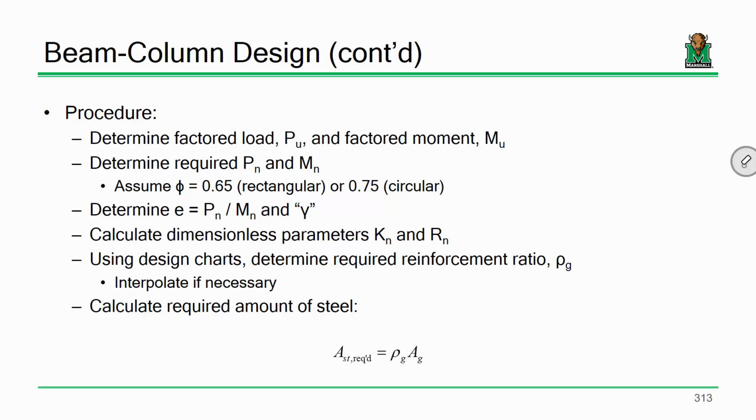You determine your factored moment, determine your required Pn and Mn. You assume a phi value right off the bat, determine your eccentricity, which we'll go into next time, and your gamma. Based on those, compute Kn and Rn, go into the chart, figure out your reinforcement ratio, calculate the amount of steel, and that's it.